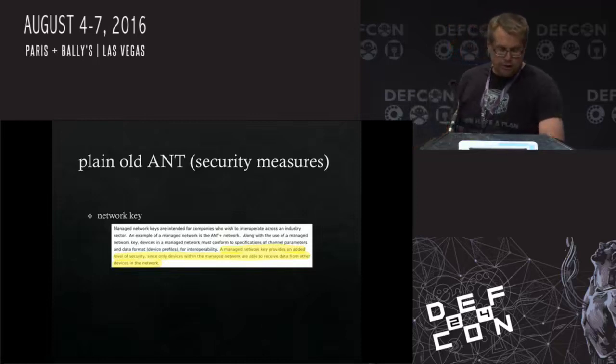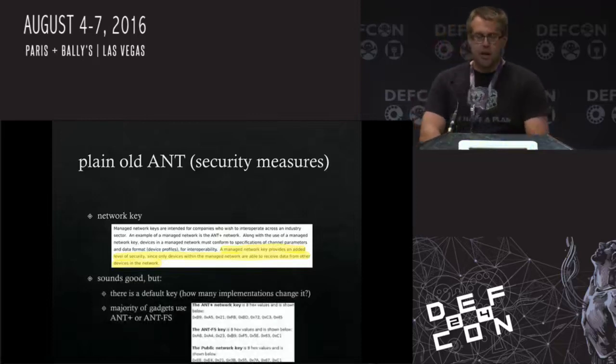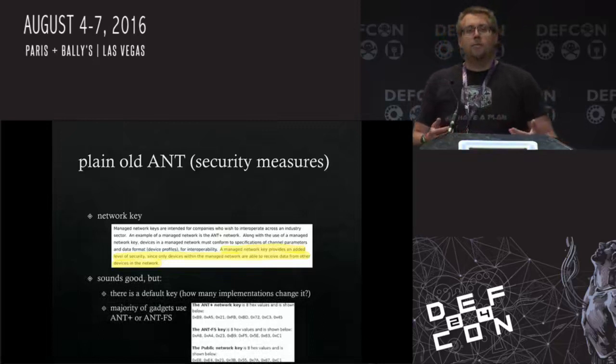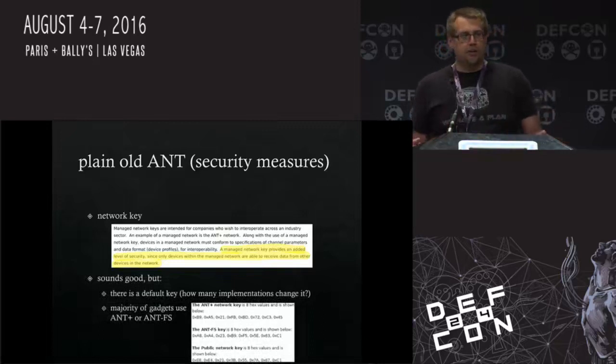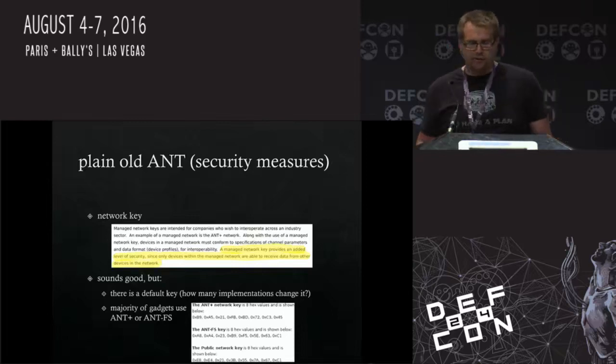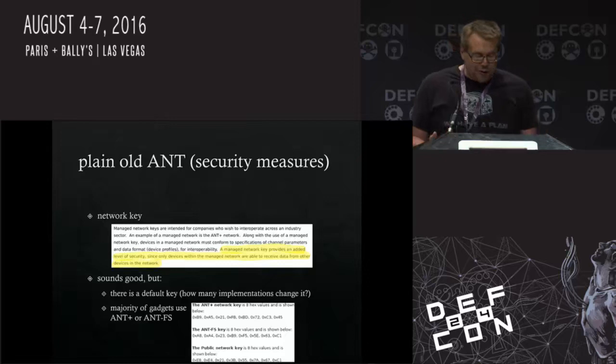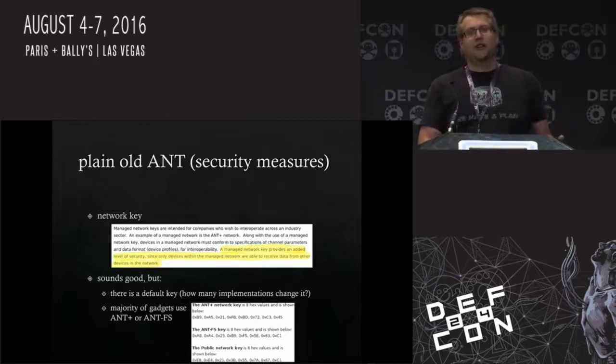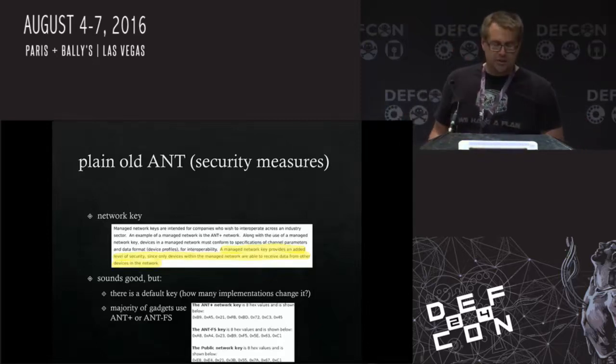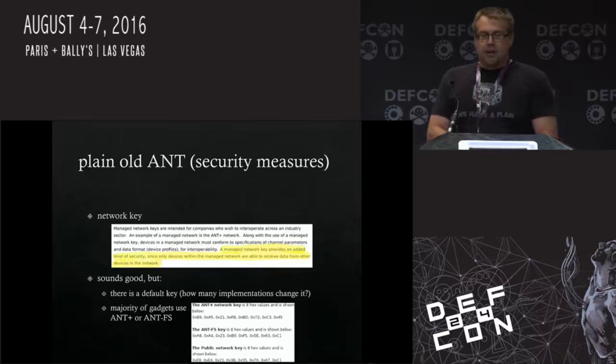It sounds good, but there are some problems. Network keys are managed by Dynastream, and if you want a network key for yourself, then you have to purchase one from Dynastream. And if you use an invalid network key, then the protocol stack will just default to the public key, which is public. You can download it from Dynastream's webpage.